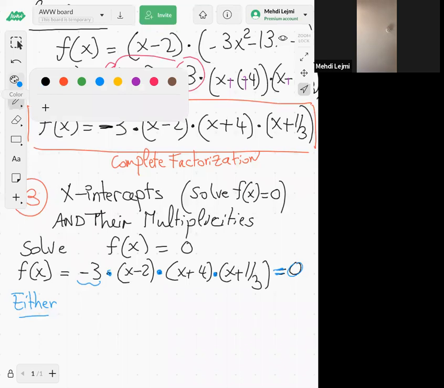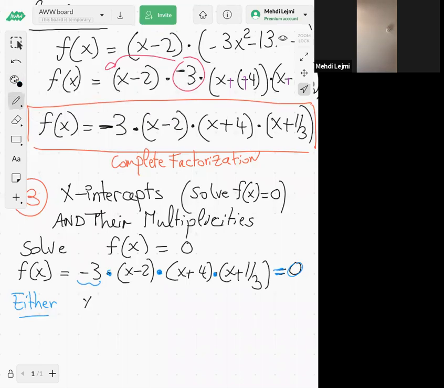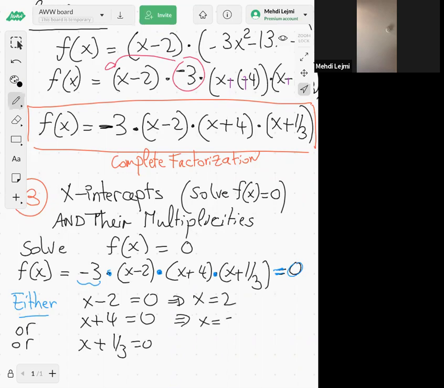So either x minus 2 is 0, or x plus 4 is 0, or x plus 1/3 is 0. So x is positive 2, x is -4, and x is -1/3.